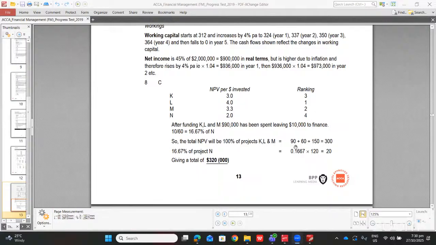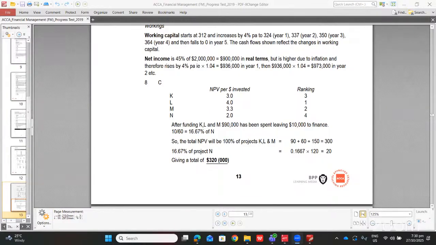You could invest in all of K, L, and M because 90,000 is needed for K, 60 for L, and 150 for M. That's 300,000. Right? So that gives, sorry, that's giving you 300,000 because after you fund K, L, and M, you spend $90,000 out of the 100,000 you have available. Now, N requires an investment of 60,000. We only have $10,000 left.